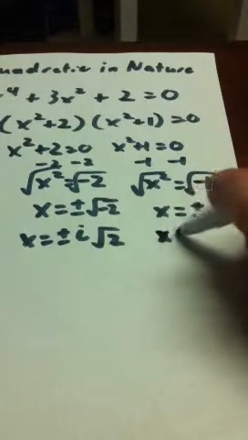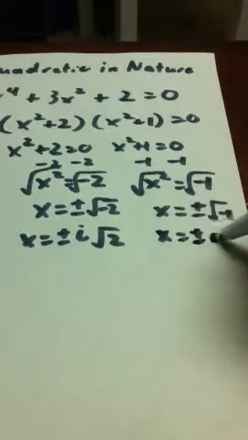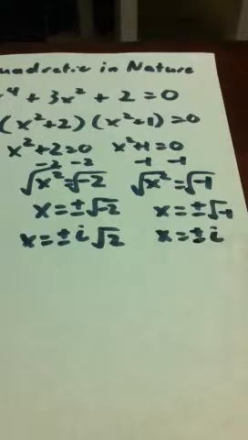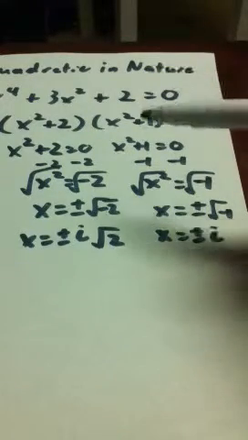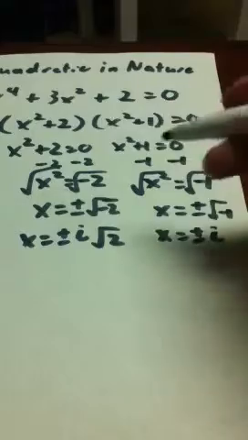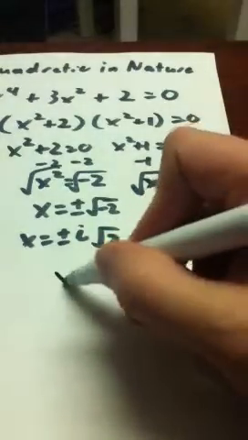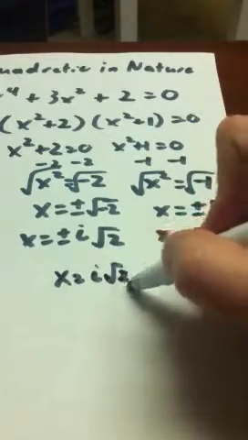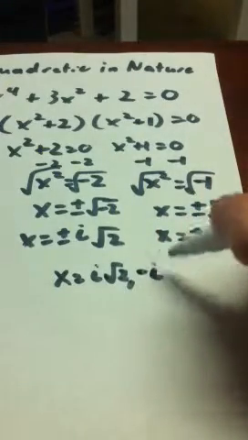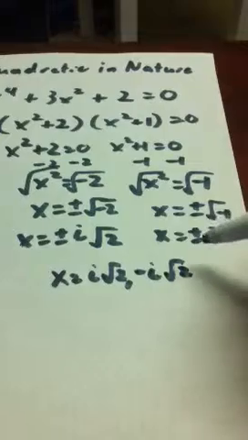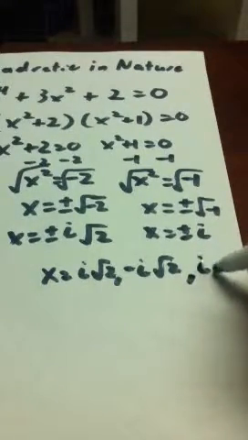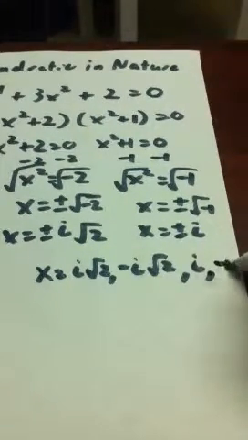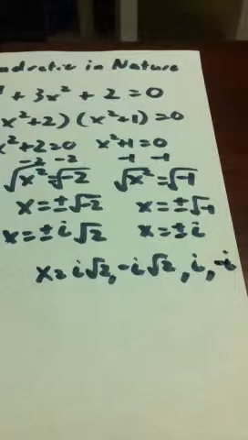So I get x equals plus or minus i. And so there are my 4 answers. Again, it's a 4th degree polynomial, so it should have 4 solutions. So I get x equals i root 2, negative i root 2, i, and finally negative i. And so there are my 4 answers.